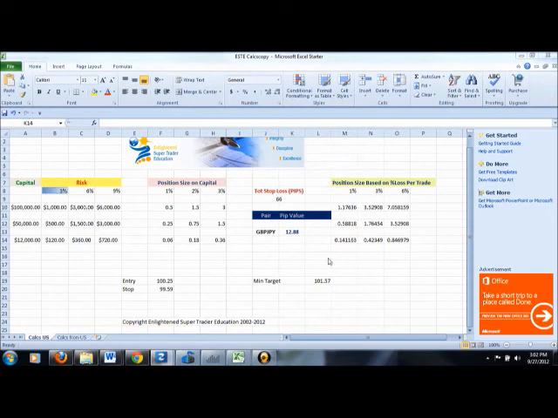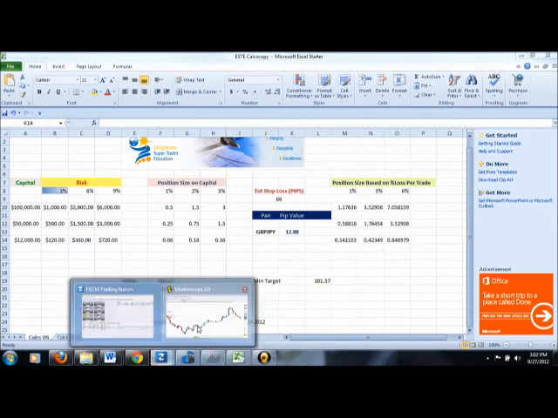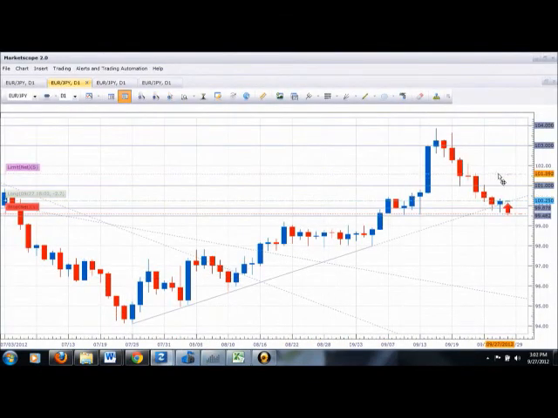Perfect. Okay, there is the target, our main target, and we can just basically play it to the upside and move it as it moves along.